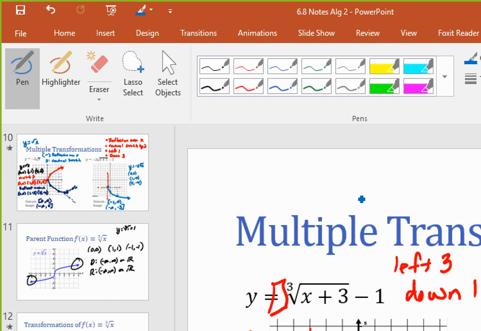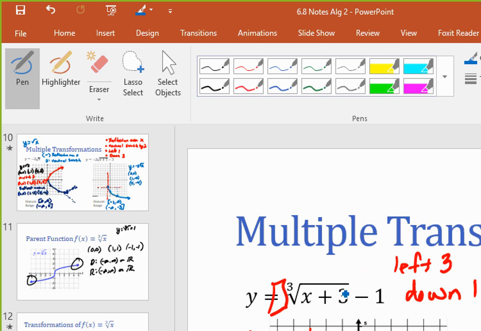I know it's going to take this S shape, which looks like this, and it looks like that. So it's kind of going the other direction because of the reflection over the x. Now it's up and to the left, down and to the right. But you could see from the previous graph, it was up and to the right and then down and to the left. So that's that reflection piece.